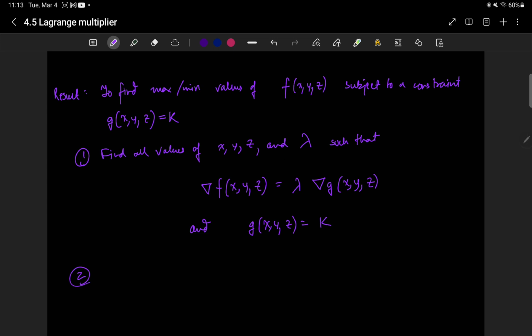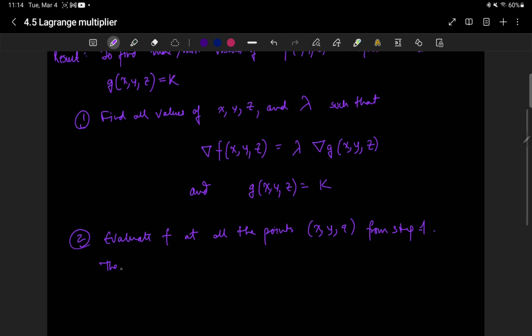Once we have all the values of x, y, and z, we are going to evaluate f at all the points x, y, z from step 1, and the largest is the max value and the smallest is the min value.